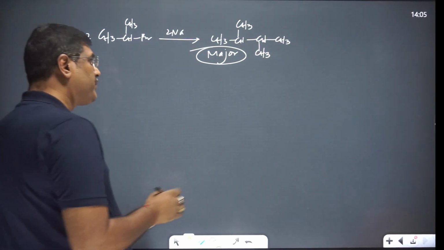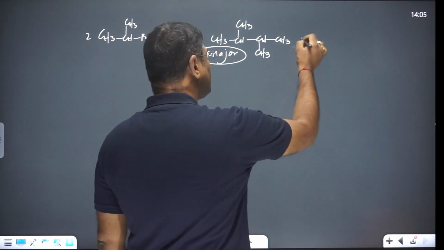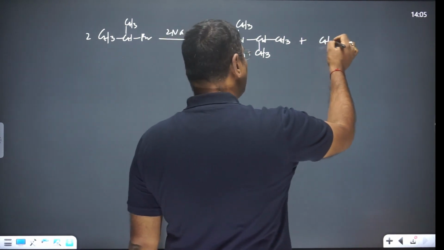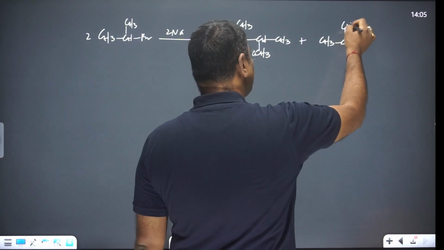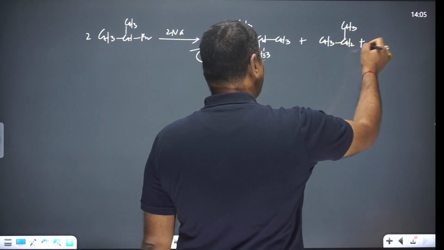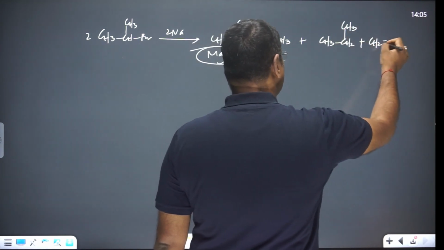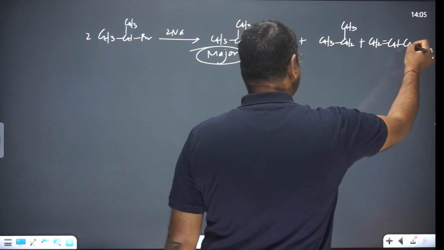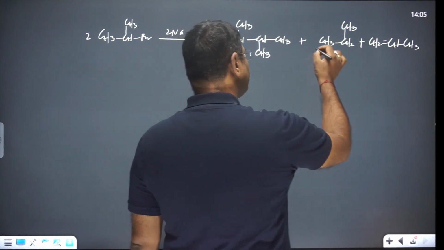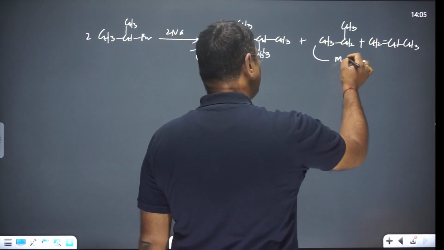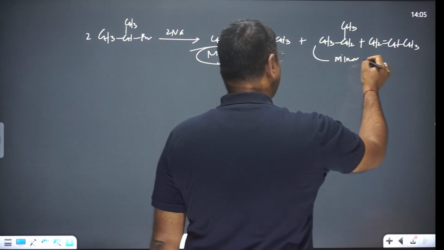But as minor products, we also observe CH3CH2CH3 and CH2=CH-CH3, alkanes and alkenes. These are minor products.